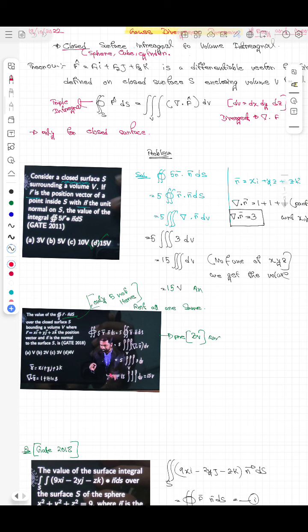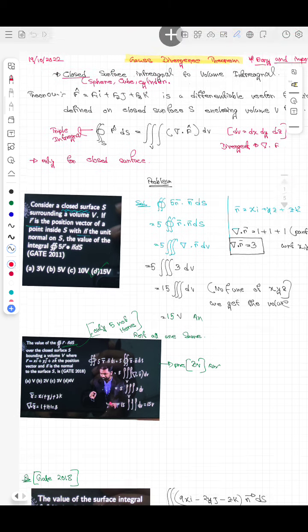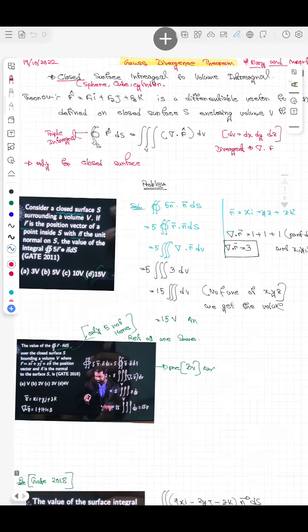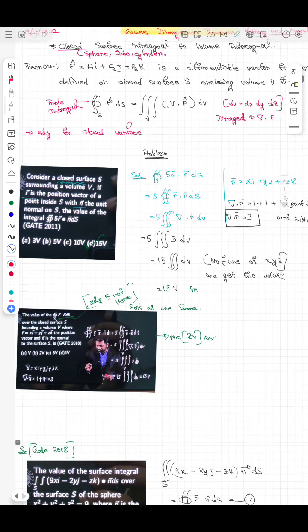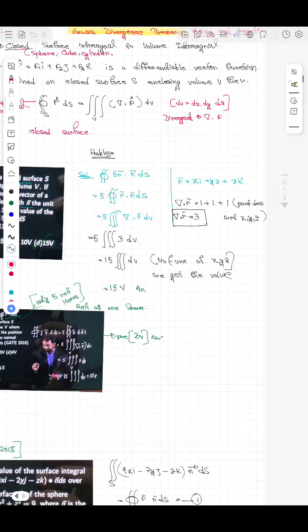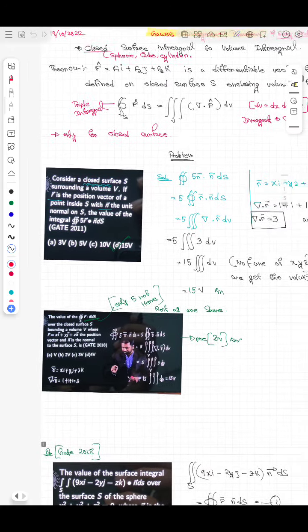So when do we use Gauss? When a closed volume has been given in the question, then we have to apply the Gauss theorem. Then the surface integral of F dot n dS is given as the triple integral over V of del dot F dV, and this divergence, del dot F, you have seen in the previous one. Only for the closed surface is it applicable.